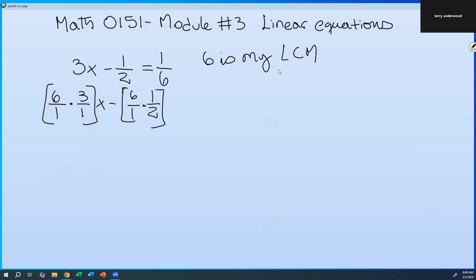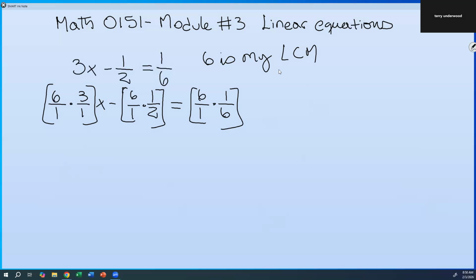There is no variable there. And then equal, and I will do the same thing. It will be bracket, 6 over 1 times 1 over 6. So you see, I multiply everything in this equation by my LCM, my least common multiple.